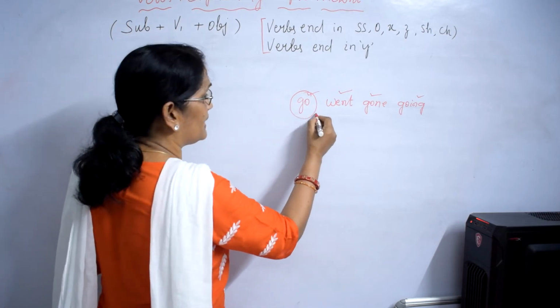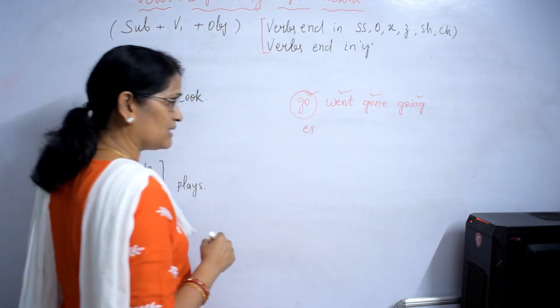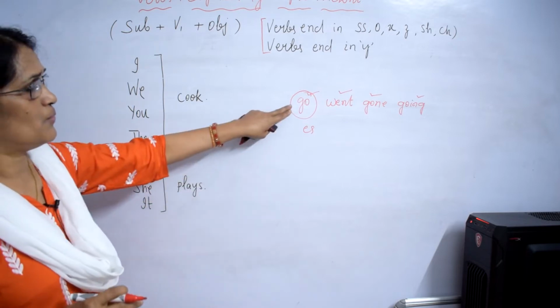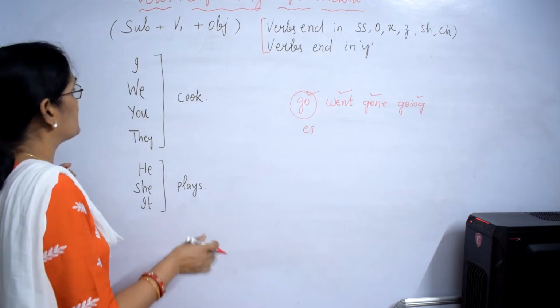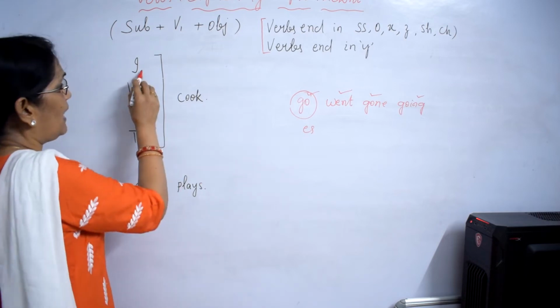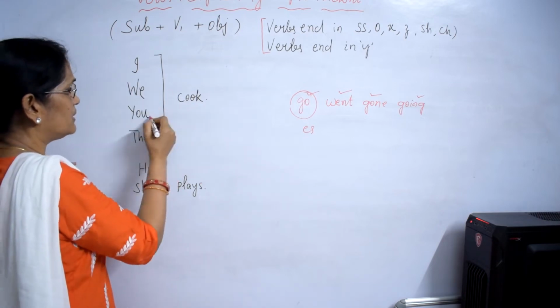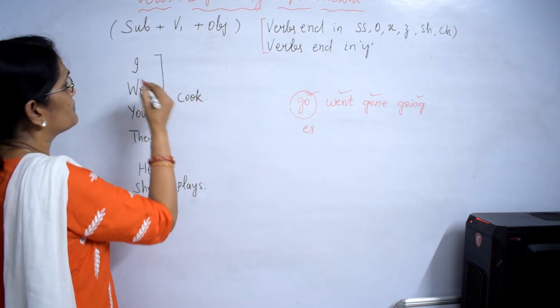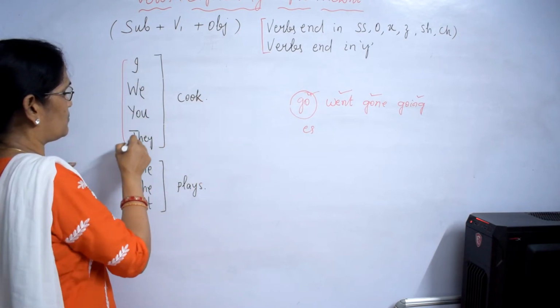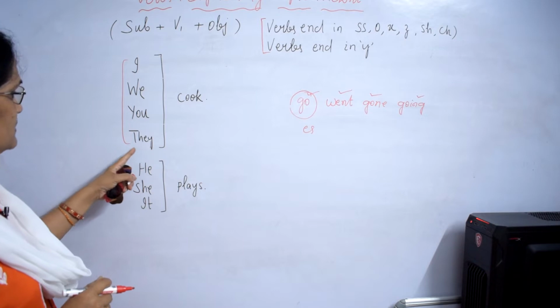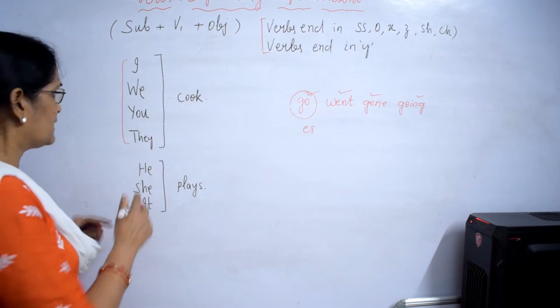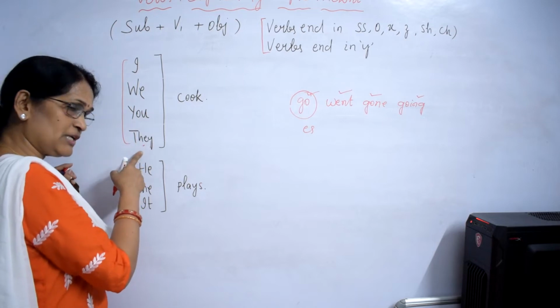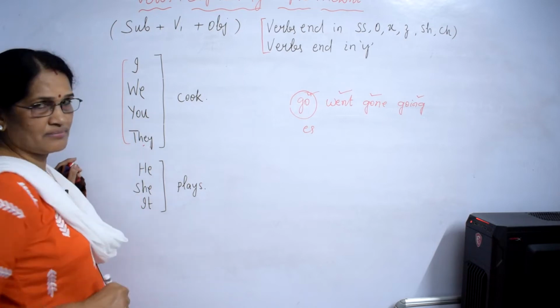Sometimes we add s or es in the verb, right? Sometimes we write go, the base form of a verb, without s or es. See the example: I cook, we cook, you cook, they cook. These are the subjective pronouns: I, we, you, they, he, she, it. They is a subjective pronoun for plural noun.